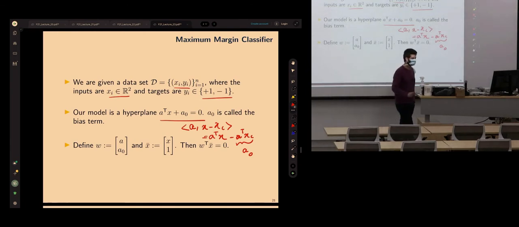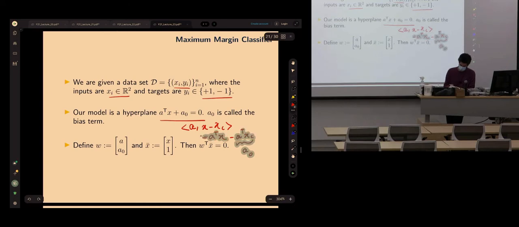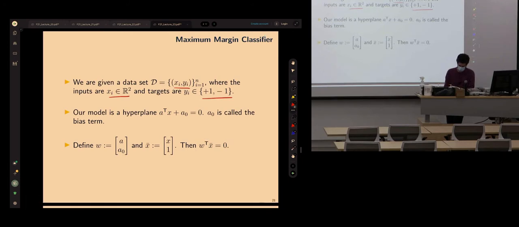I have my reasons to use a0 here, but you could call it D, it doesn't matter. So I'm using different notation. So a0 is called the bias term. This is called the bias term in this model.